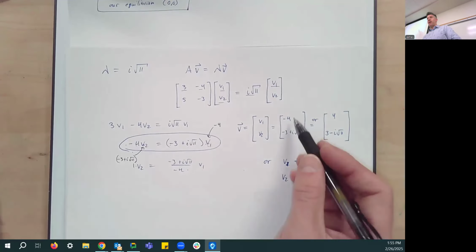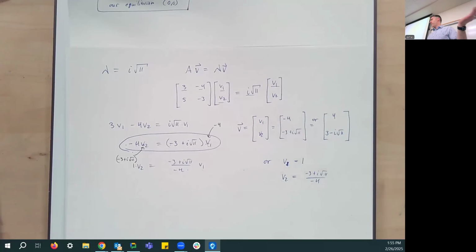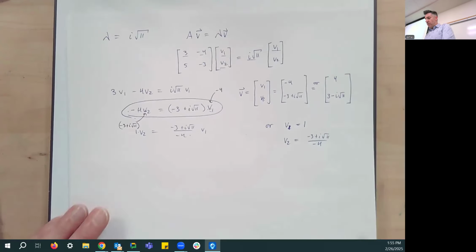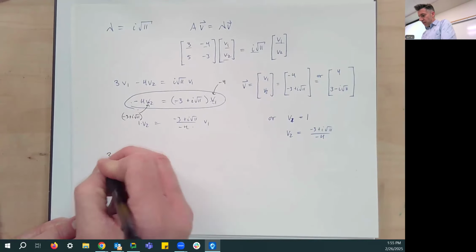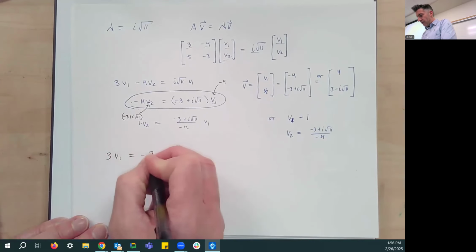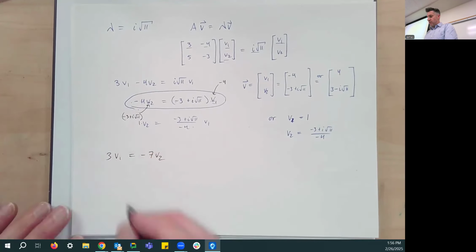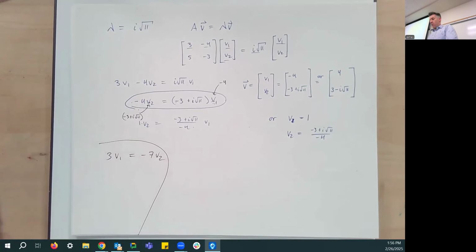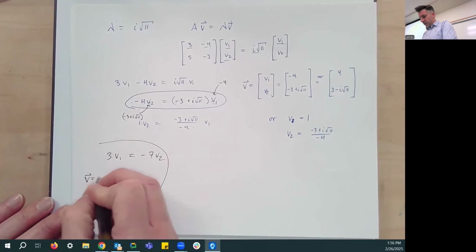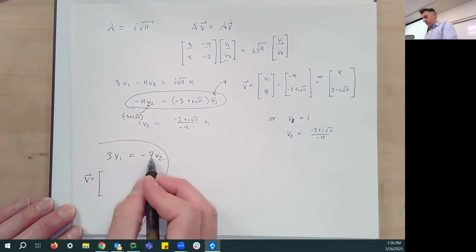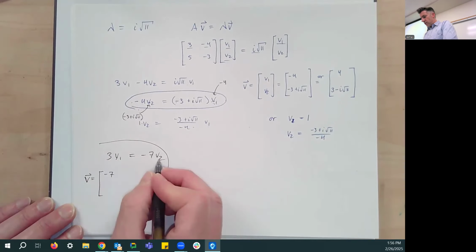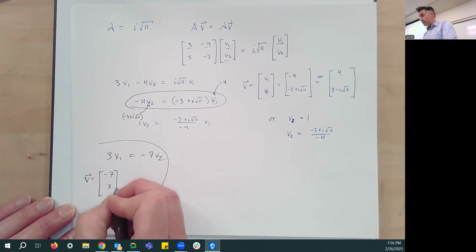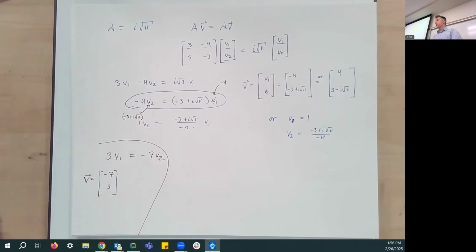I just multiplied top and bottom by -1 because I would prefer to have more things being positive versus negative. But whenever you're trying to solve this, like if you have 3 times v1 equal to -7 times v2, we can totally find our eigenvector: v1 is the multiple of v2, and v2 is the multiple of v1. It always works.